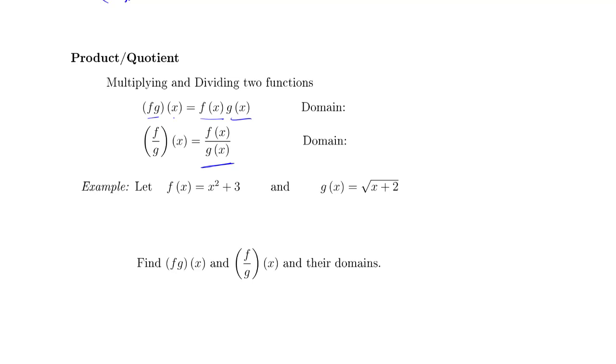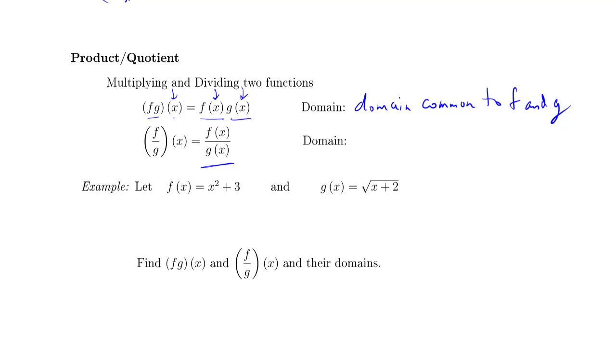Well, again, if you're going to put some value of x into the product function, it has to individually go into f, and it has to individually go into g. So you'd need the domain common to f and g, because it has to be able to go into each one of them. So if there's any number excluded, say from one of the two functions, it has to be excluded from the product function.